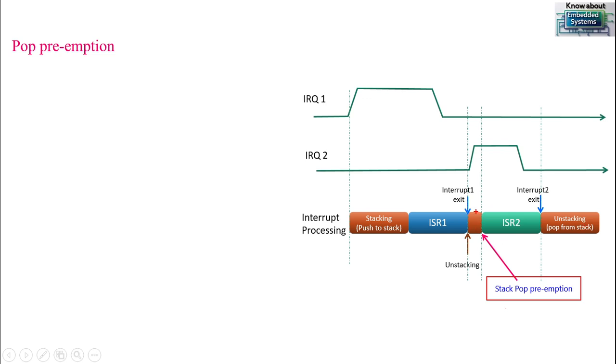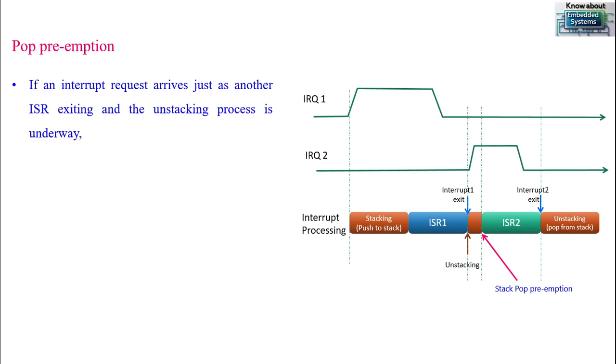So this process is called stack pop preemption, meaning that after completion of ISR1, it is supposed to unstack the content, but because of a second interrupt, the processor did not do any unstacking; it went directly to ISR2, keeping the popping process in suspension. The same thing we kept here.